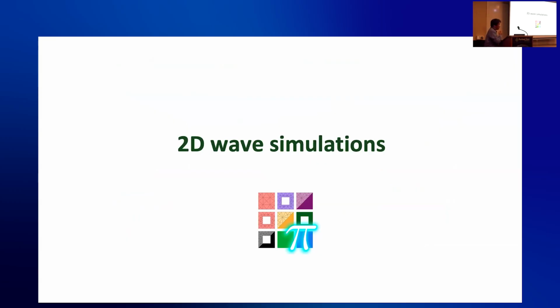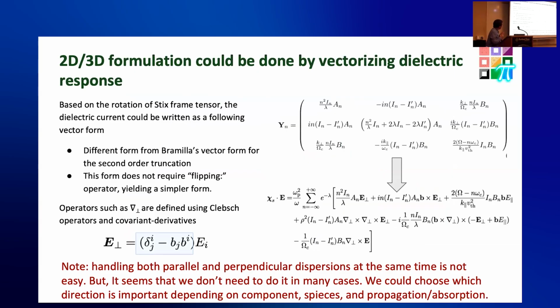Okay, let's move on to the 2D simulations. Like I said, we can do all terms. That was the 1D simulation. For 2D and 3D simulation there are 9 terms, and we need to write it in vectorized form like this.